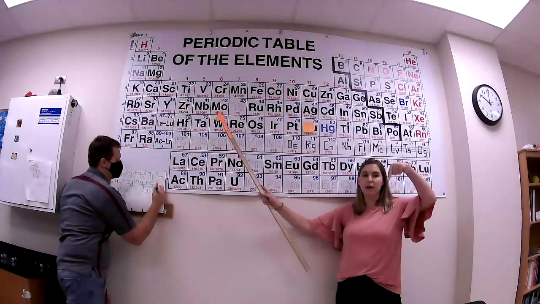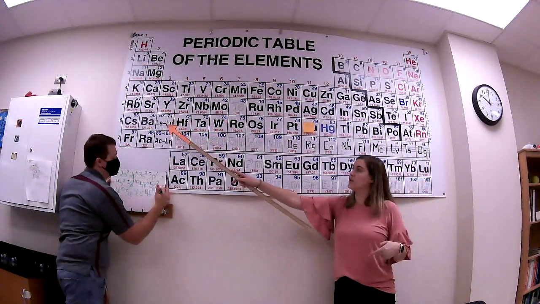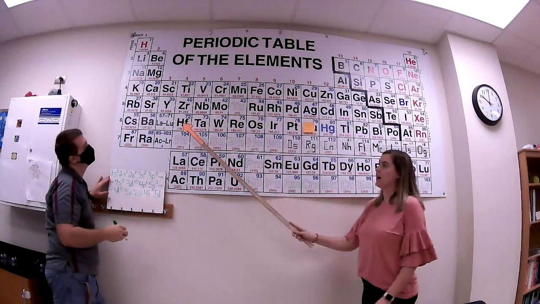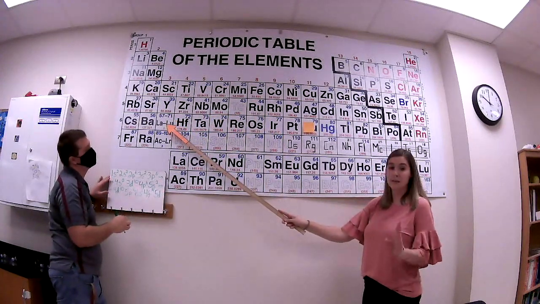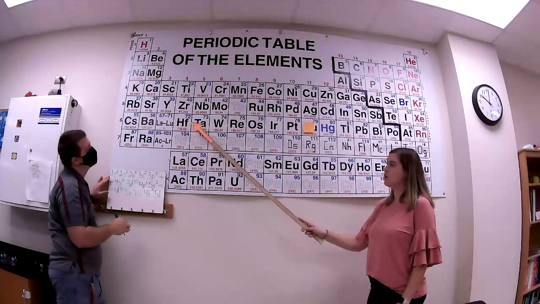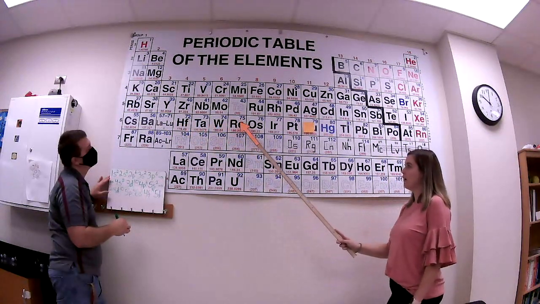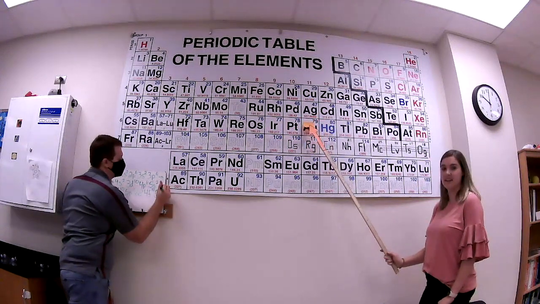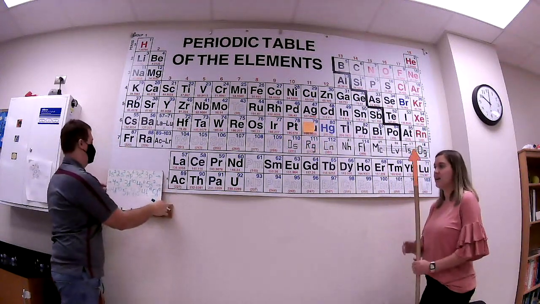Now then we're in our D sublevel. So remember your D sublevel is down 1 row, so we're on the 6th row. So we have 5d, and then we're going to count how many boxes. So this is an imaginary one. 1, 2, 3, 4, 5, 6, 7, 8, 9. 5d9.